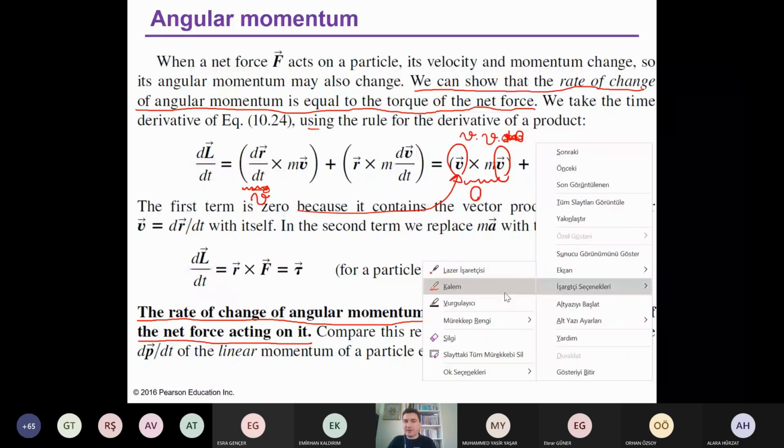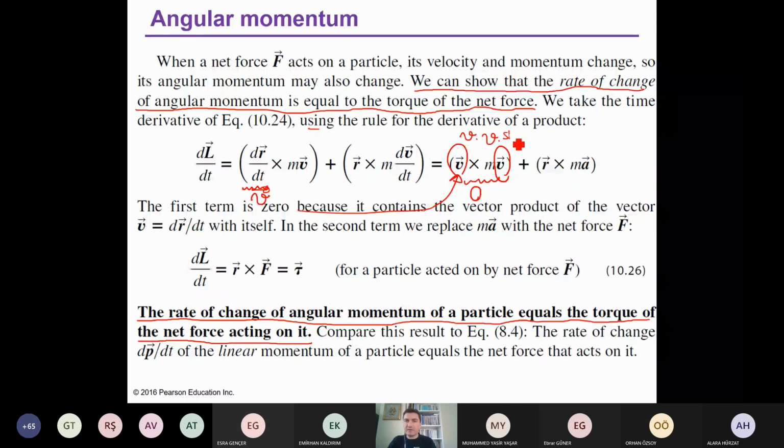They are the same vectors and the angle between the same vectors is 0, and sine 0 is 0, so this gives us 0. Then the time derivative of the angular momentum gives us the expression on the right side.